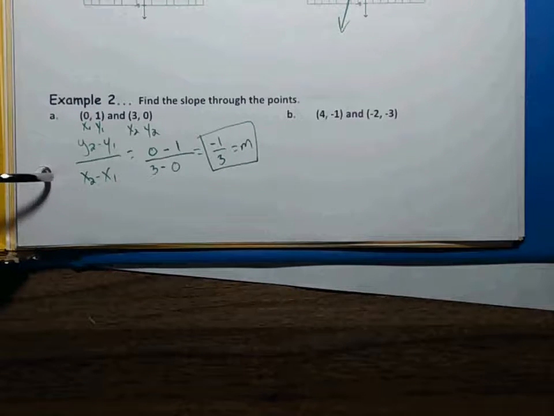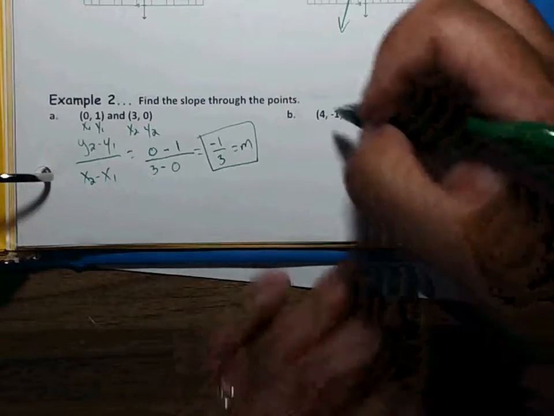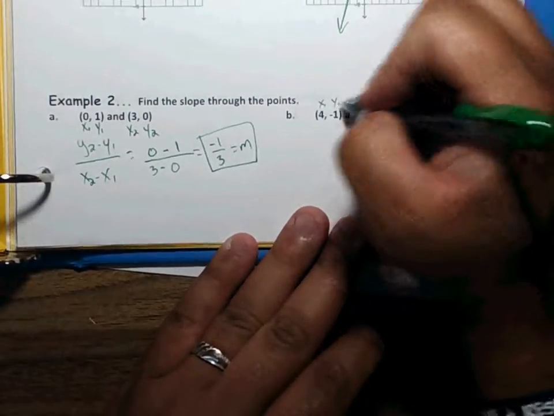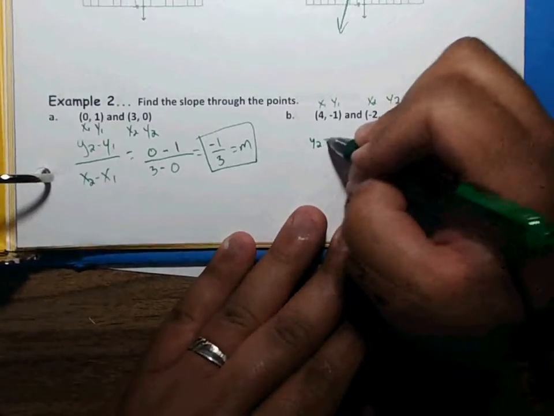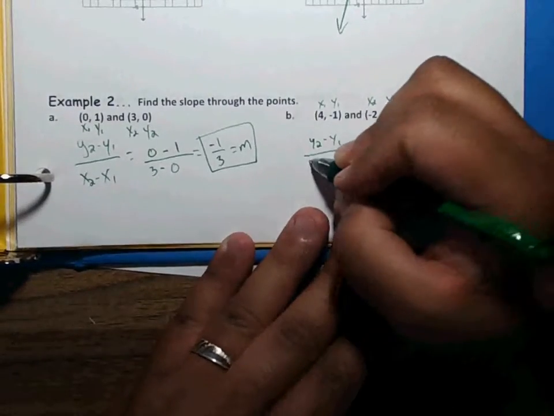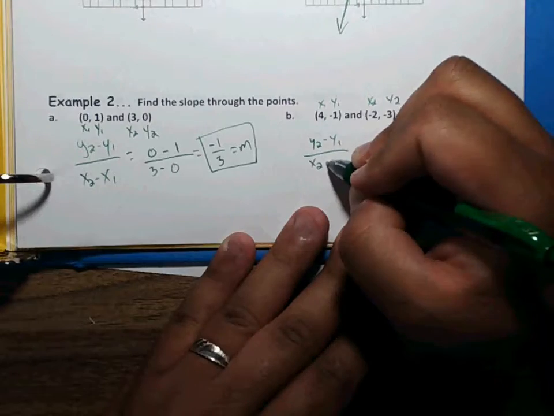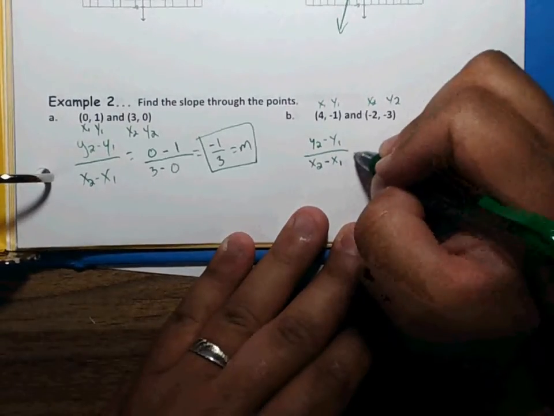Now let's look at B. It's the same thing, ladies and gentlemen. You label your points as x1, y1, x2, y2, and it's the same formula every time you want to find slope. y2 minus y1 over x2 minus x1.